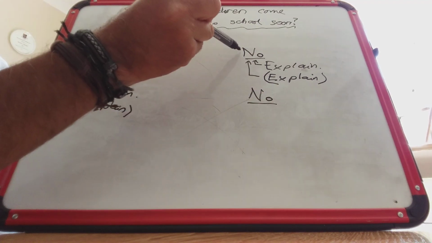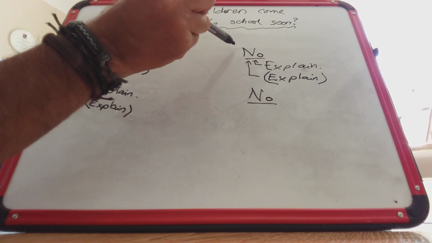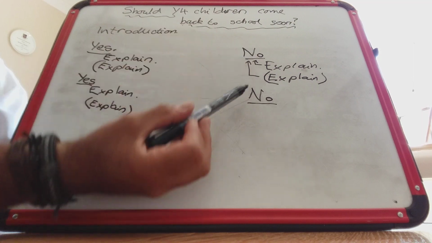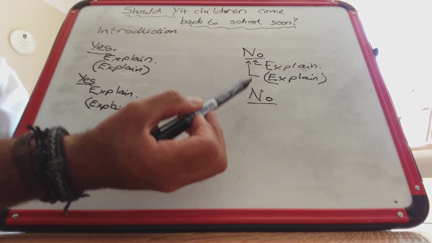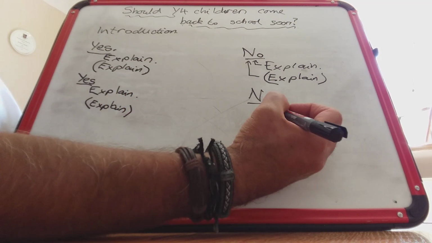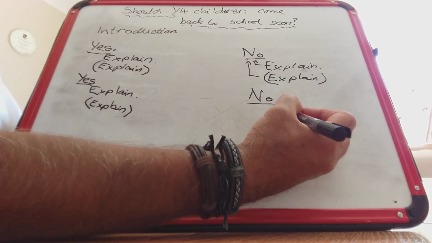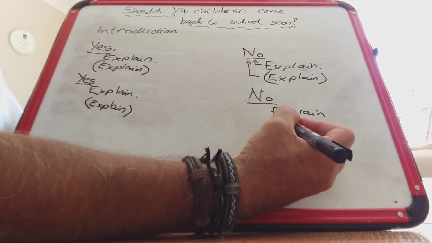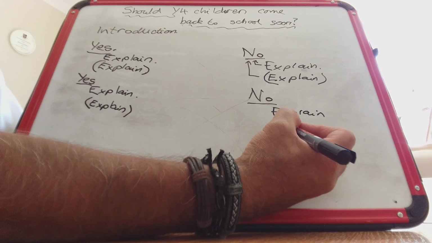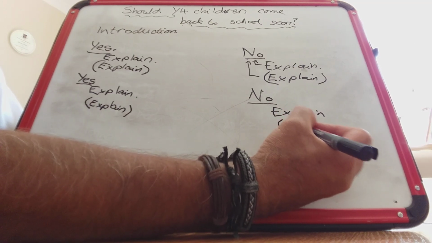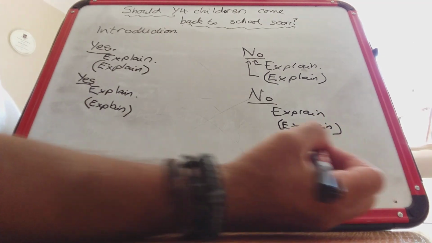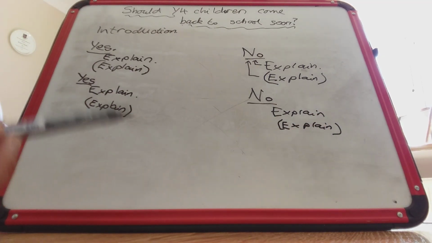Okay, so this reason says no, they shouldn't come back to school because of this. Let me explain. And this says no, they shouldn't come back to school because of something completely separate. And once again, we explain. And if it's really complicated and you think it might need it, you explain again. Okay, so what have we got so far?